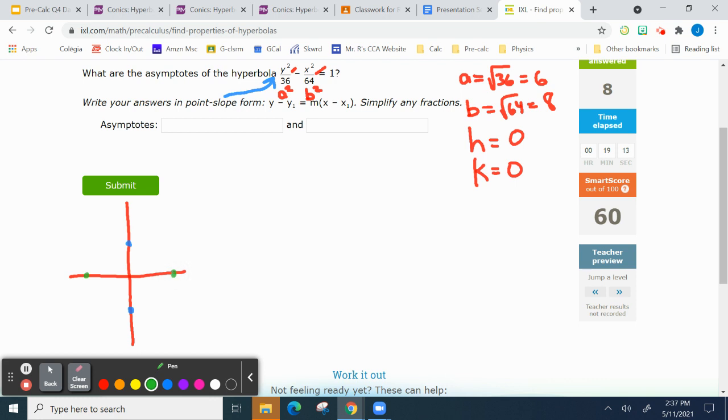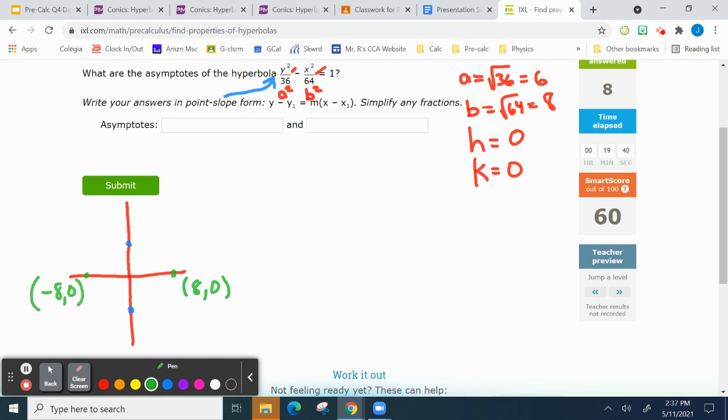And what's it asking for? It's asking for the lines, the equations for the asymptotes. Okay, so what do we have from these points? The b points are (8, 0) and (-8, 0), right?